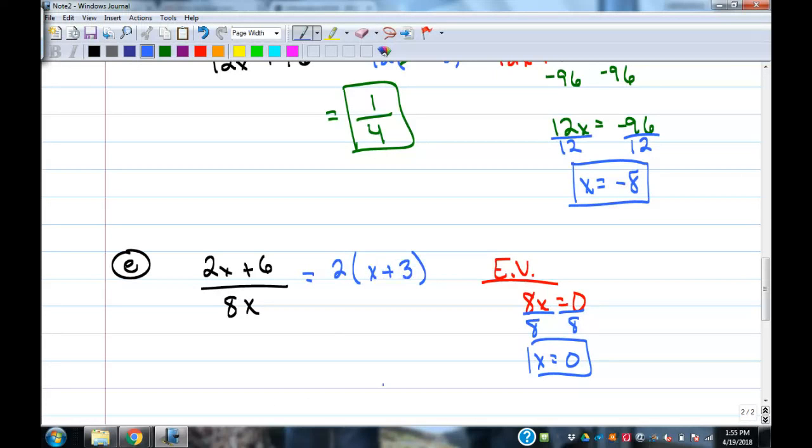Because 2 times x is 2x and 2 times 3 is 6. That's why that's there. So if you struggled with factoring, I'm trying to get you a little extra help here, because you have to be able to factor to do this. 2 is the GCF of 2 and 6, right? So that's out here. What times 2 gets me 2x? x. What times 2 gets me 6? 3. That's where those are coming from.